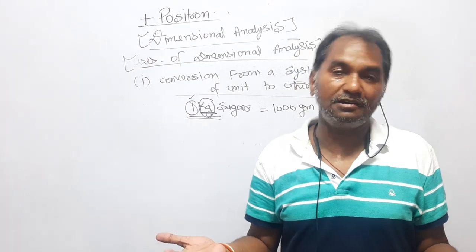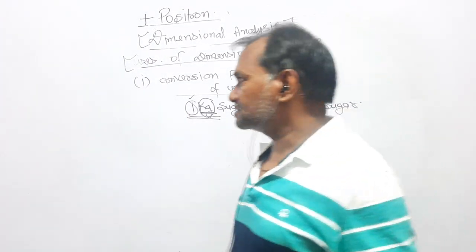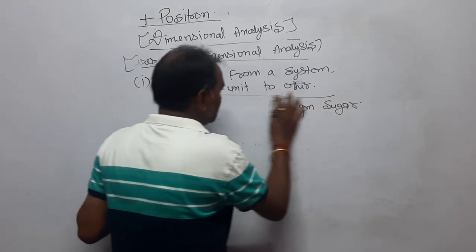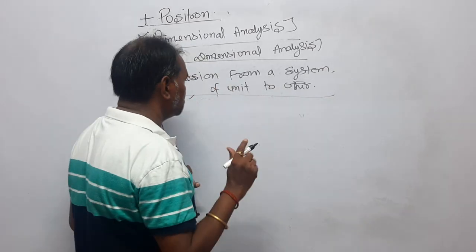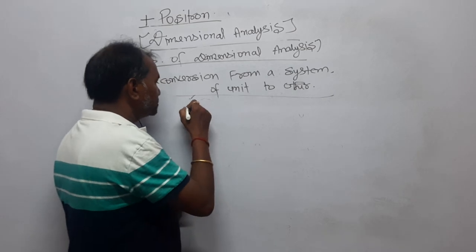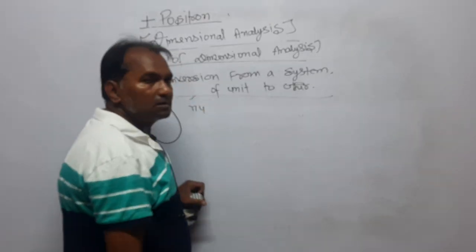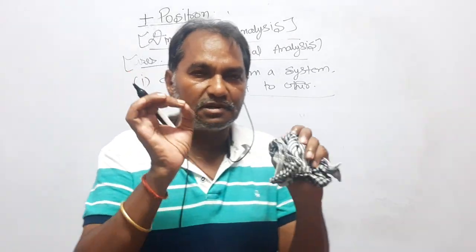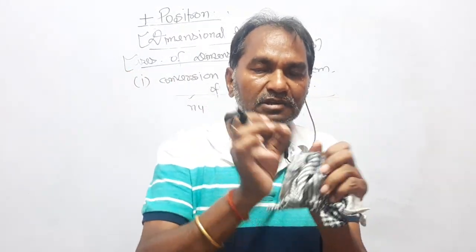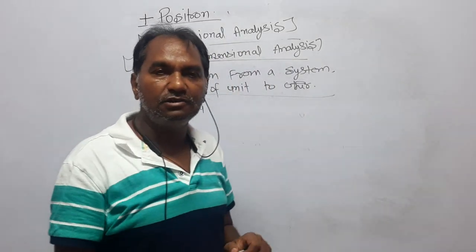It proves that a physical quantity is expressed by two things. First one is a numeral value and second one is a unit. Any physical quantity is represented by a numeral value and a unit.